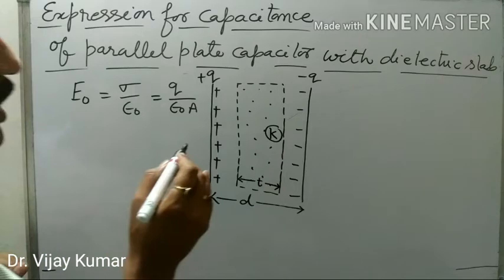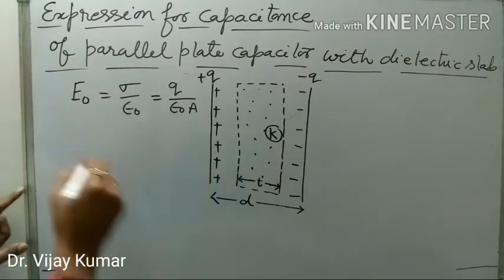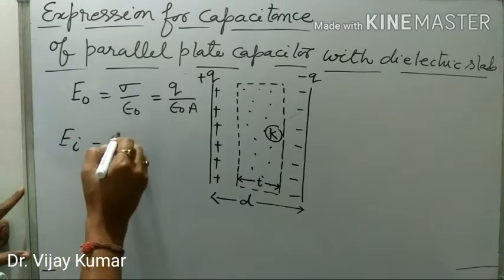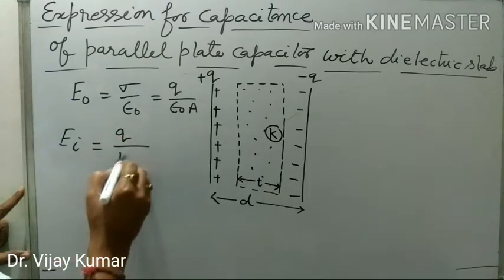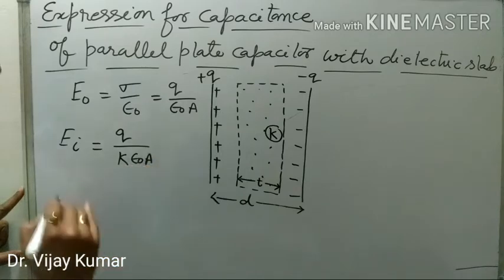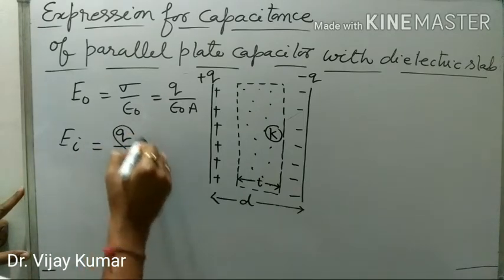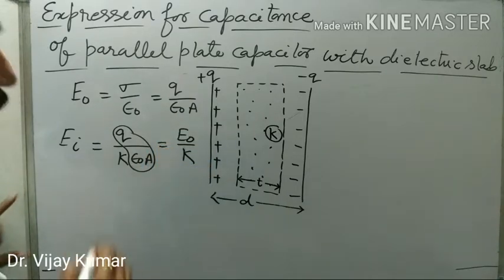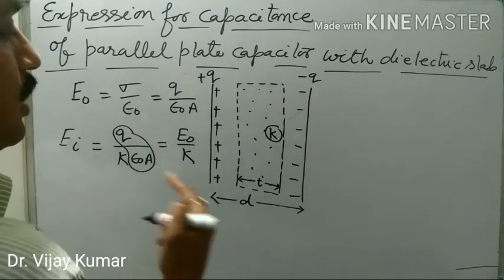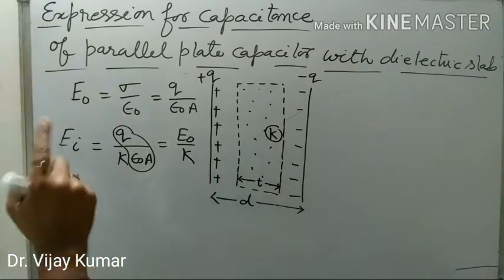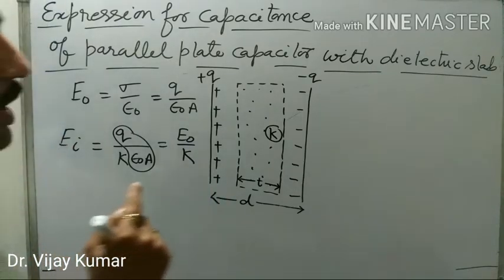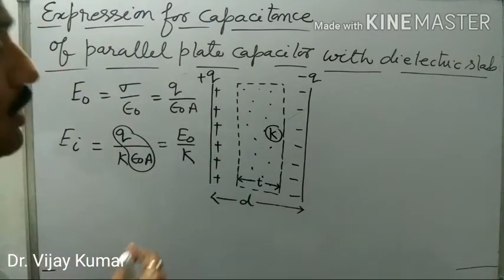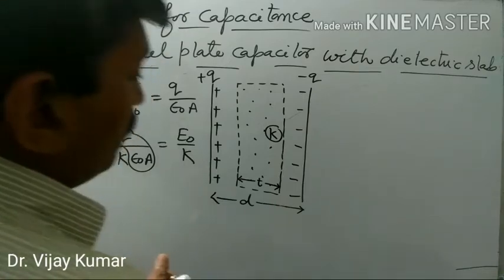And if we introduce a dielectric in between the plates, the electric field is E dash, and it should be Q upon K epsilon naught A, and Q upon epsilon naught A is E naught, so it is E naught upon K. It means after filling the dielectric, the electric field will be decreased. And now we calculate the potential difference if we partially fill the dielectric material.